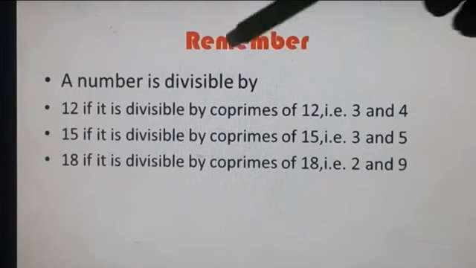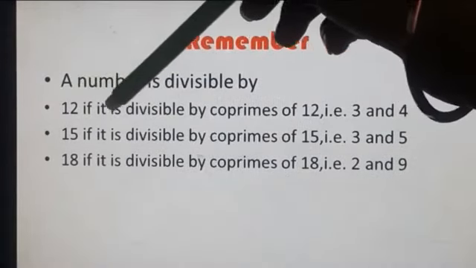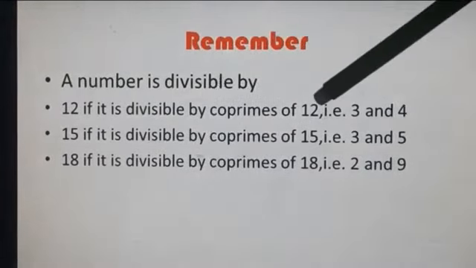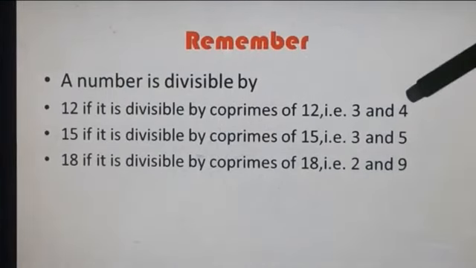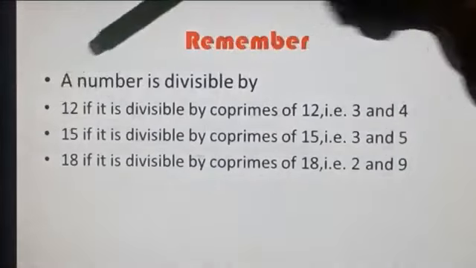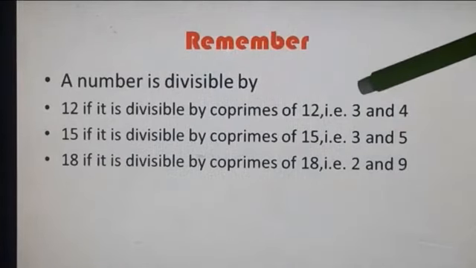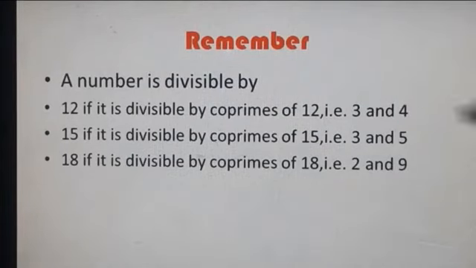Now you have to keep these things in your mind. A number is divisible by 12 if it is divisible by the co-primes of 12, that is 3 and 4. Means if we want to check divisibility by 12, then we have to check divisibility by 3 and divisibility by 4 because 3 and 4 are co-primes.